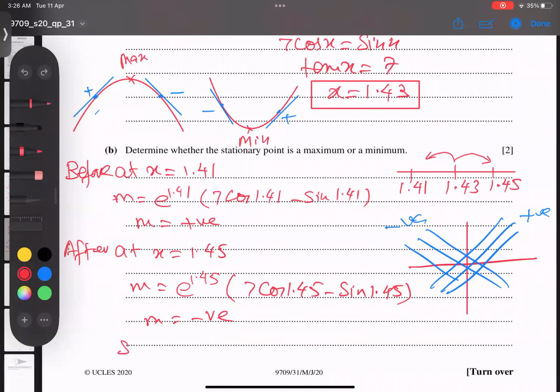Whichever I squared, I keep as it is, and the derivative of the numerator, minus, not reversed.